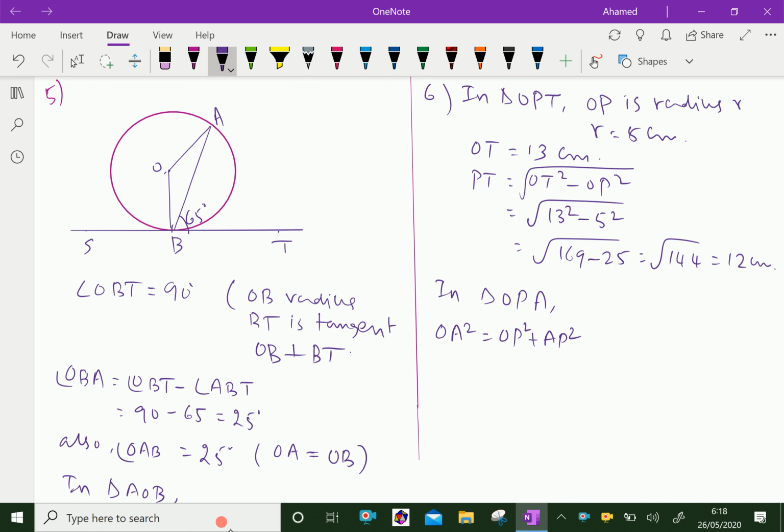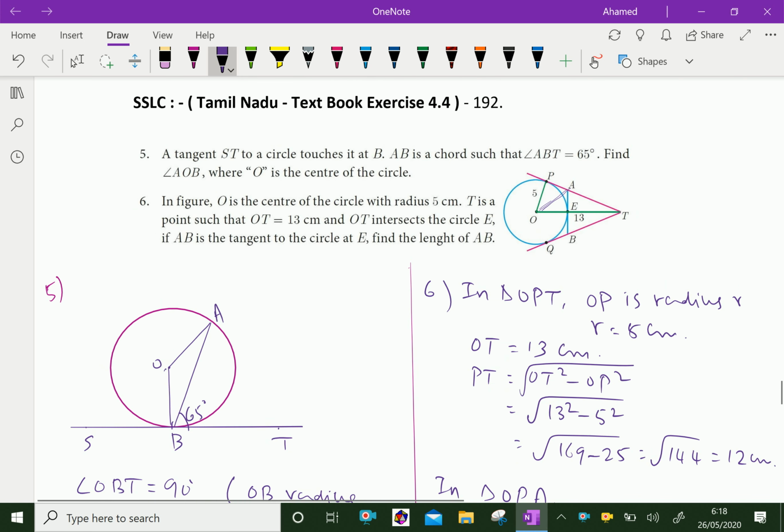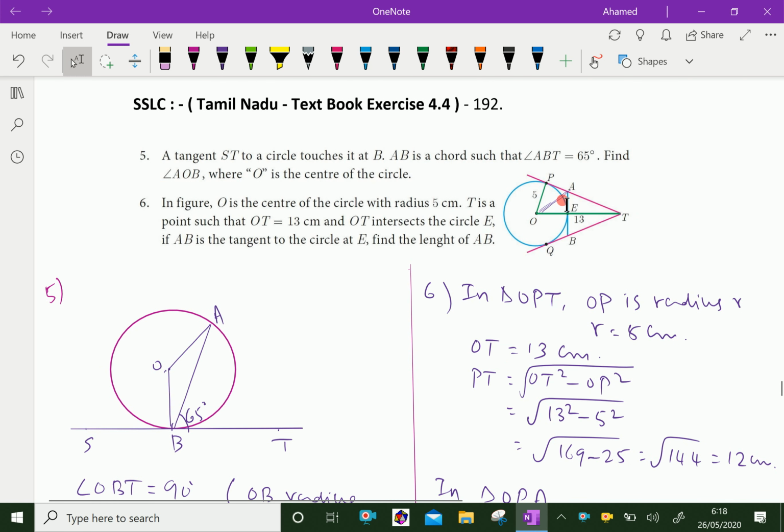Similarly, in triangle OAE, this is a 90 degree triangle.